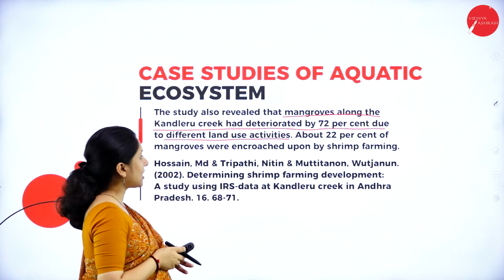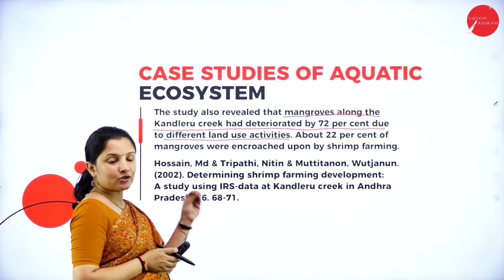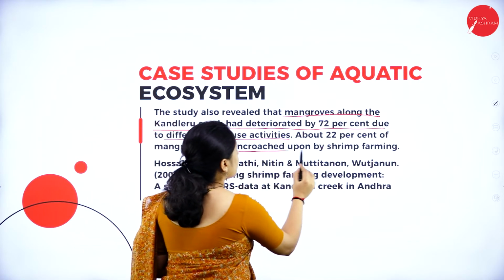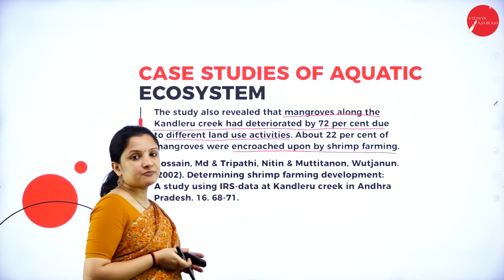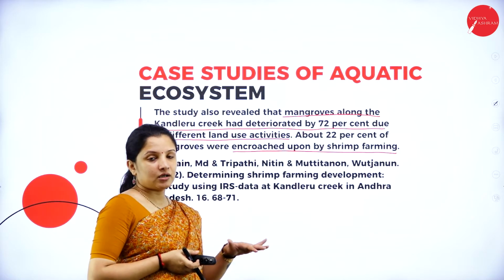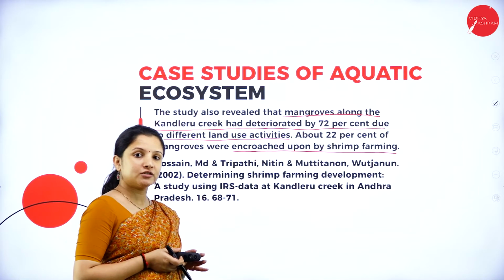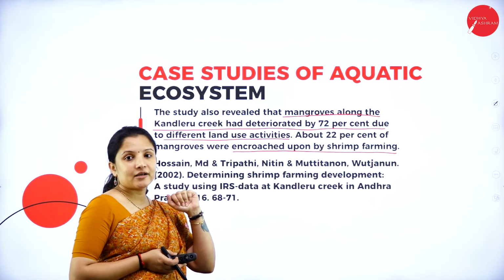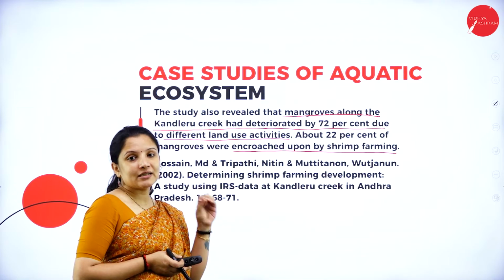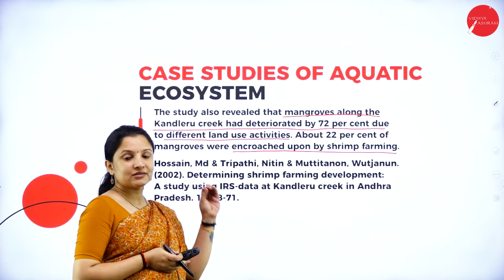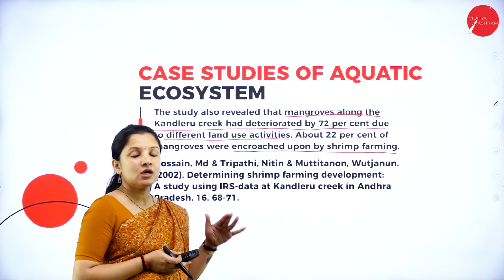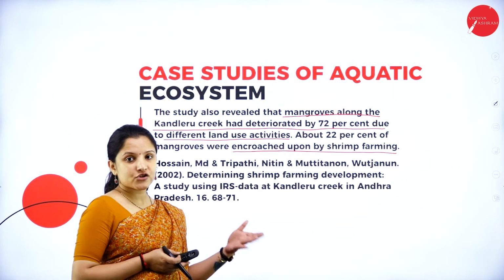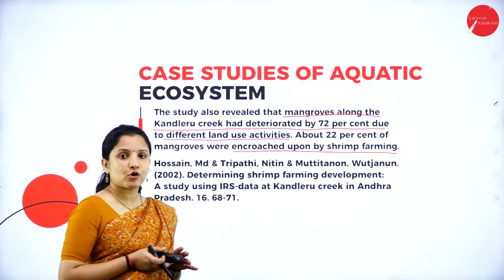What was the land use activity? 22% of the mangrove forest was destroyed in order to continue shrimp farming, because shrimps do not require very deep water; shallow waters are enough for them to grow properly. That is why people started to encroach, or illegally destroy the mangrove forest and convert those mangrove forests into creeks or water bodies where they can go in for shrimp cultivation. So that was also a problem faced.